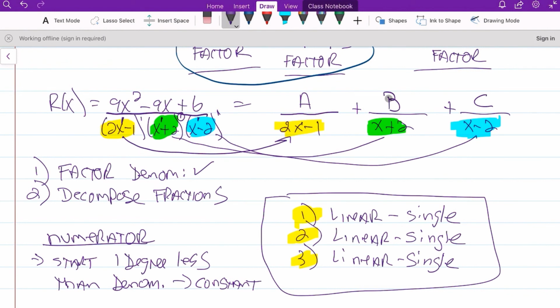And that's how the numerator works. Your first fraction is going to start with A, and you just go down the alphabet. Do not repeat any letters. And depending on whether you have a quadratic factor or whether the factor is repeated, that is going to change the dynamics of how these fractions are created. So again, we're going to get into all that in the next series of videos.